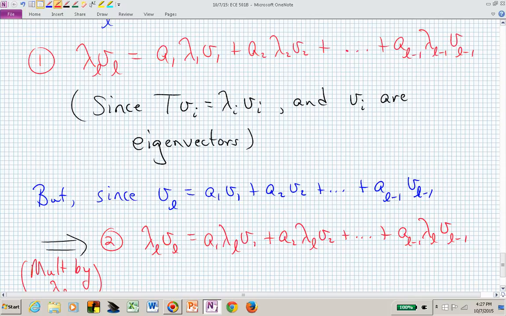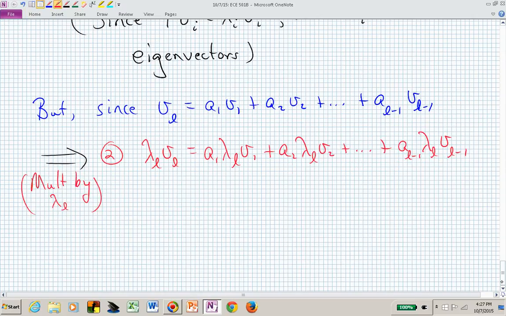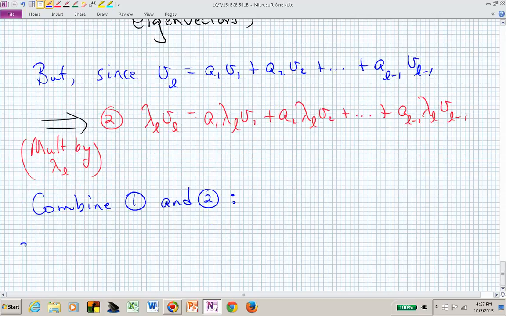And then we end up with what on the left-hand side? If we now combine equation 1 and equation 2 by subtracting 2 from 1, I'm producing equation 3, which now gives me 0 on the left, since that was lambda sub L v sub L in both equations.